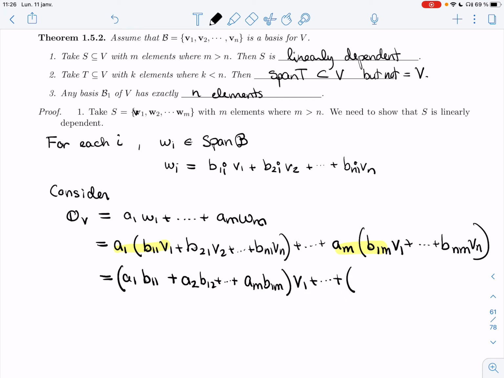And we'll have something similar for vn. So we have a1 bn1 plus am bnm, times vn.